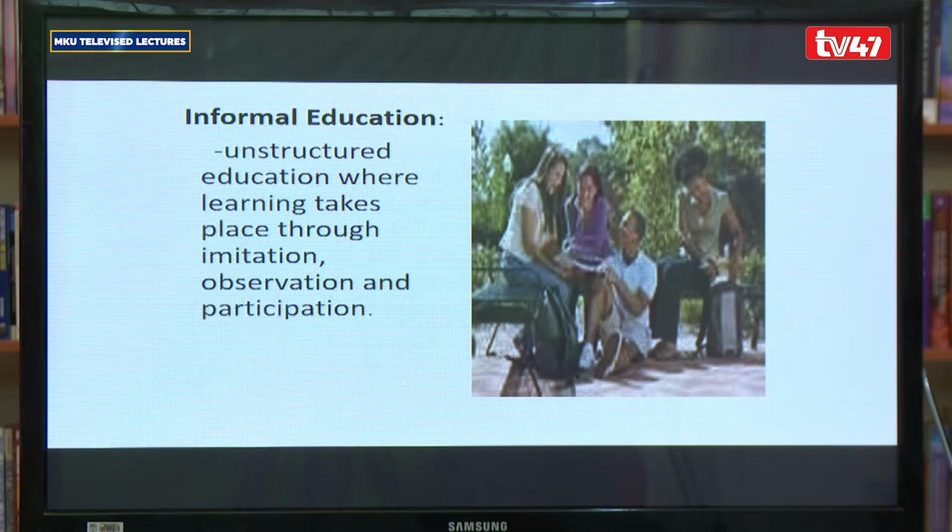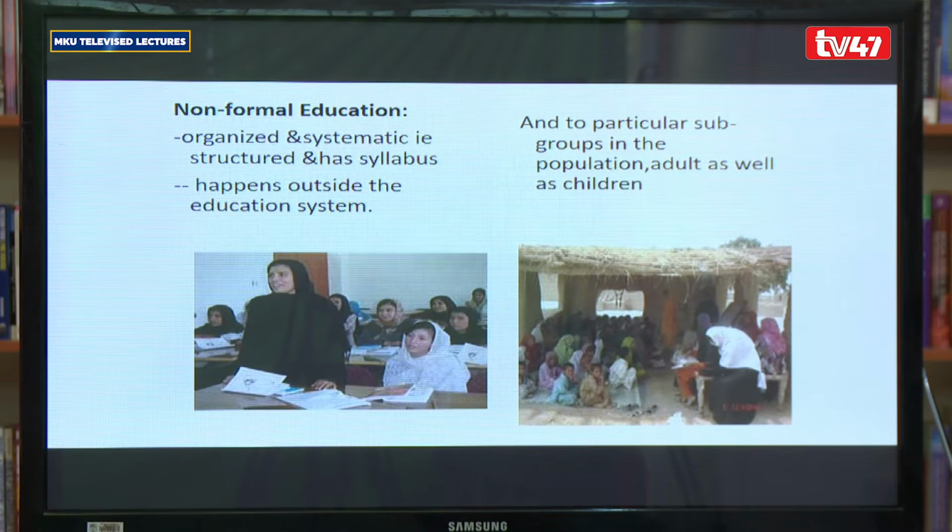Then secondly, we have informal education. Informal education is unstructured education where learning takes place through imitation, observation, and participation. That is informal education. The non-formal education, on the other hand, is organized, systematic and structured, and it has a syllabus.